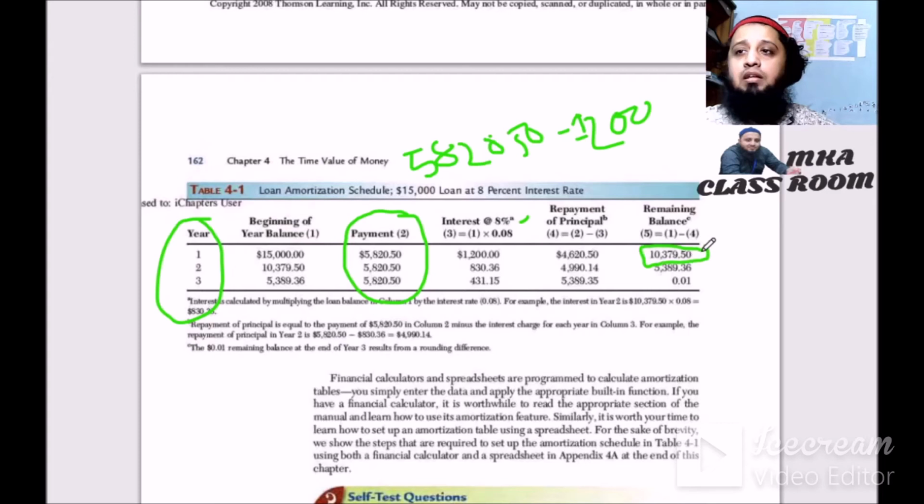Then this amount will be the beginning balance for the next period, period 2.